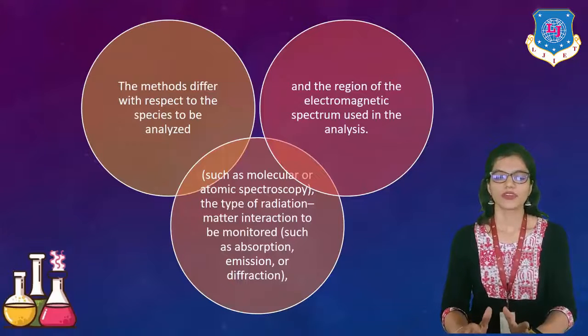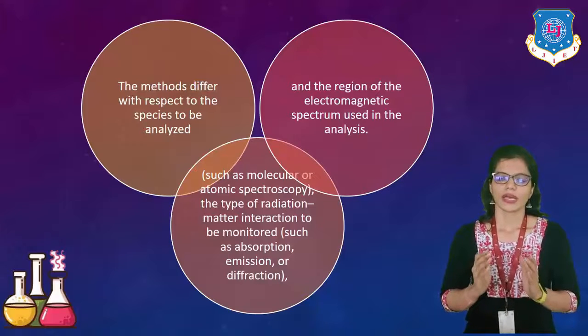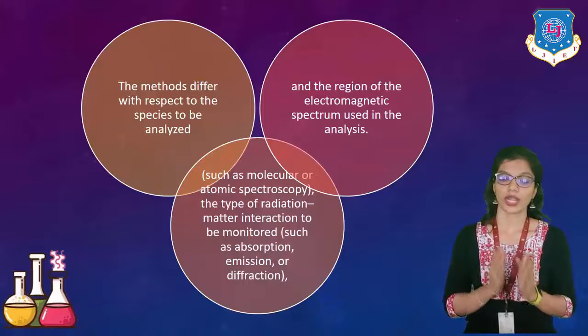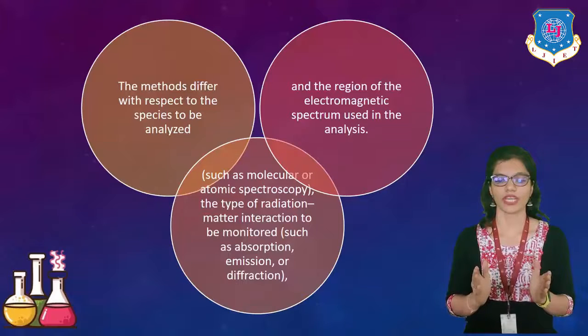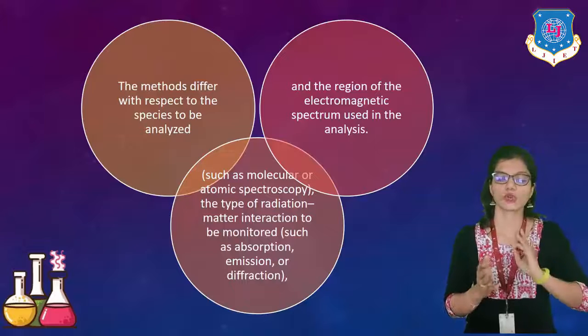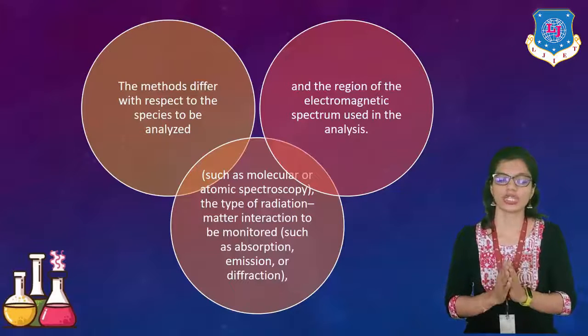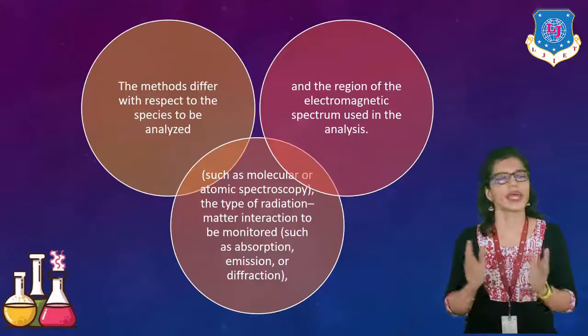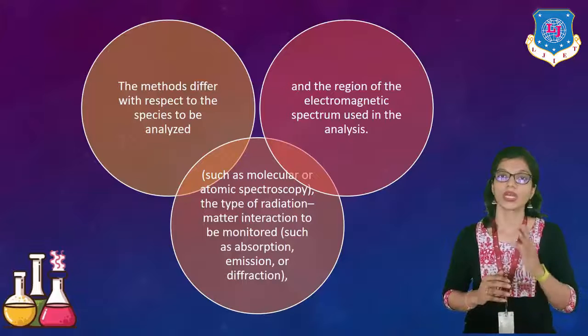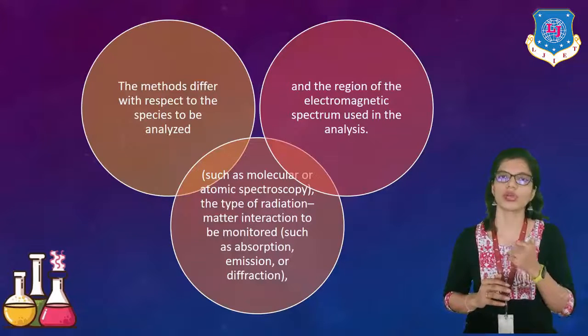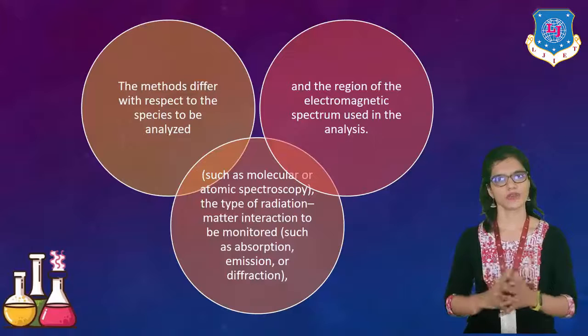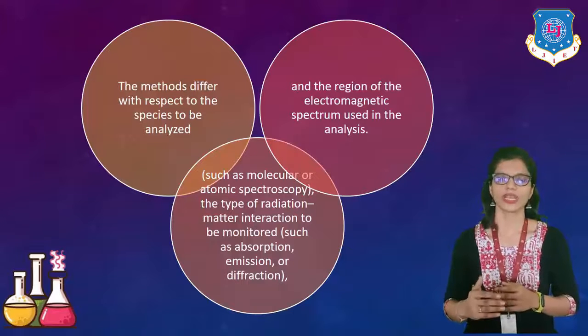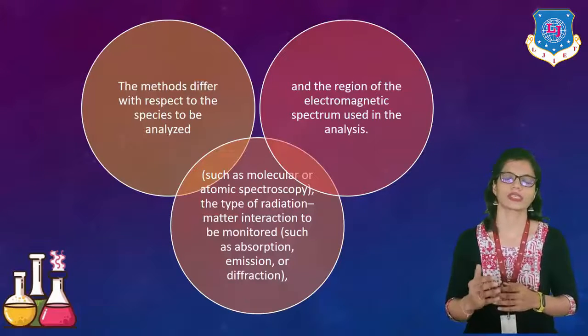Now the methods differ with respect to the species to be analyzed, such as molecular or atomic spectroscopy, the type of radiation-matter interaction to be monitored, such as absorption, emission or diffraction, and the region of the electromagnetic spectrum which is used in the analysis. As I said earlier, two things play a very important role. Number one, the matter which is involved. Number two, the electromagnetic spectrum which is used for the analysis.